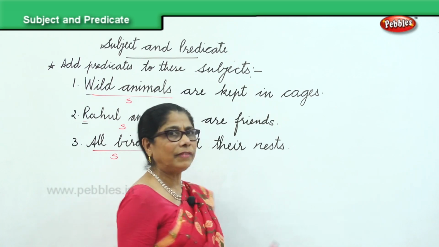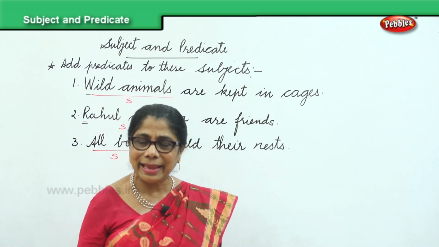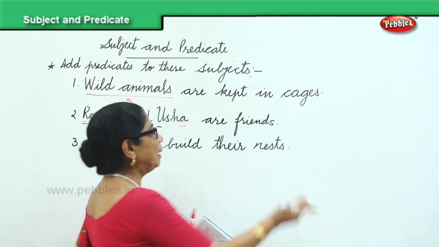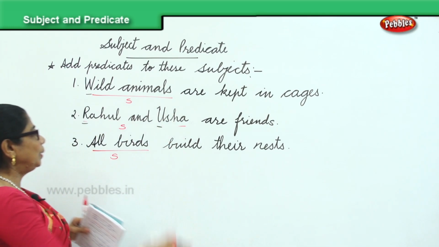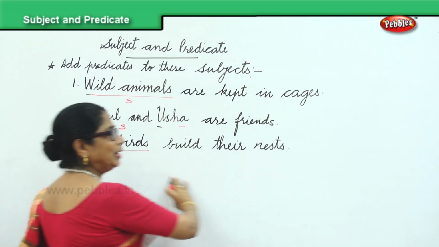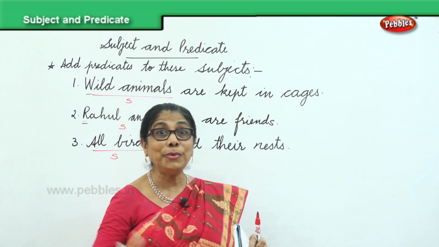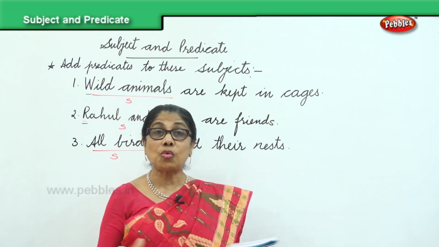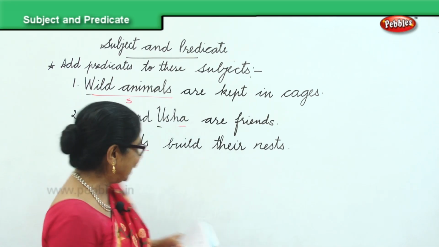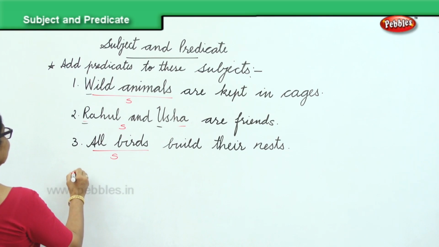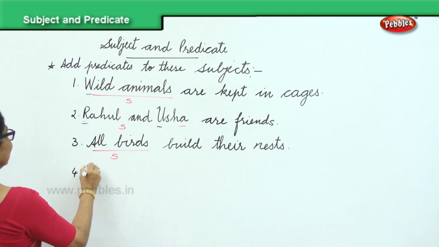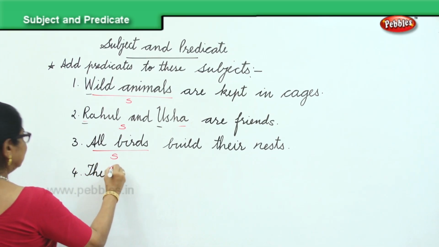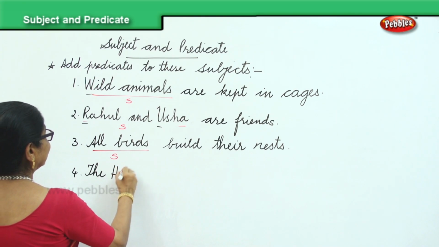Or all birds can fly. All birds lay eggs. Whatever you want. Remember to put the full stop. So we know the subject, you know how to fill in the predicate to complete the sentence. Next. The Himalayas. T capital letter. The Himalayas.